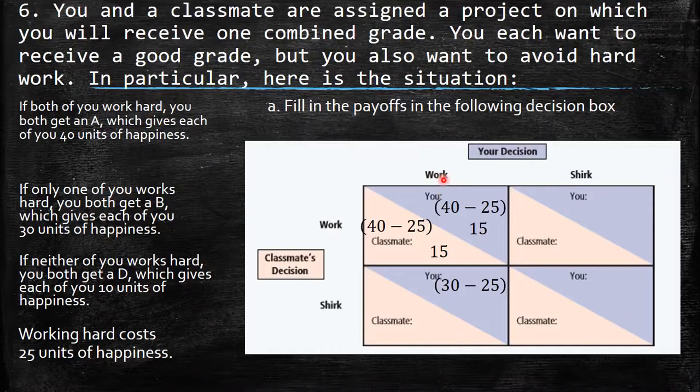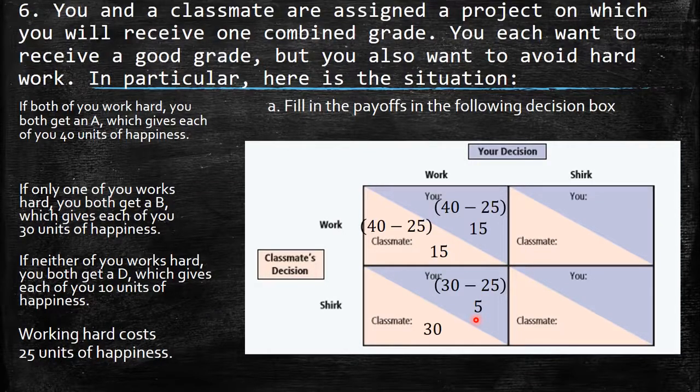So then you work, and it should be 30, because you will get a B, which is the case where only one of you works. This is the situation of the down left square, right? So it should be 30 because you get a B, and then minus 25 because this is the cost, because you already worked hard, okay? So then you receive 5 as a payoff.